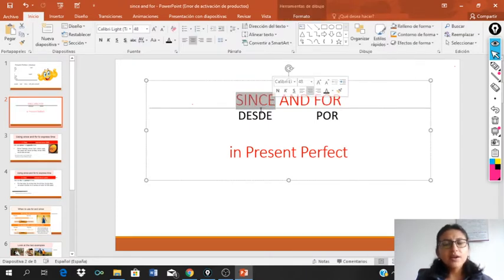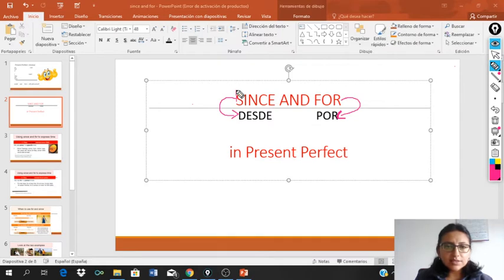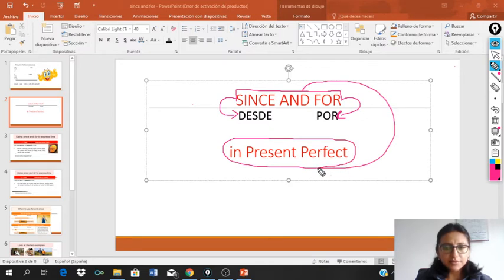Since and for are used for present perfect also. What is the meaning of since? The meaning of since is desde, and the meaning of for is por. Since and for we're going to use with present perfect.